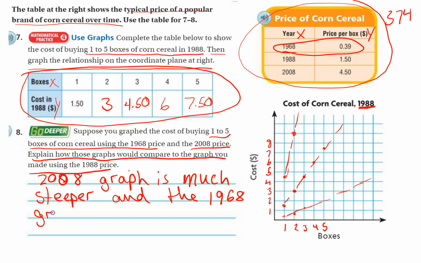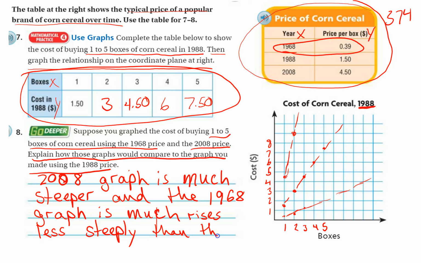And the 1968 graph is much less steep. Let's say it rises less steeply than the 1988 line or graph.